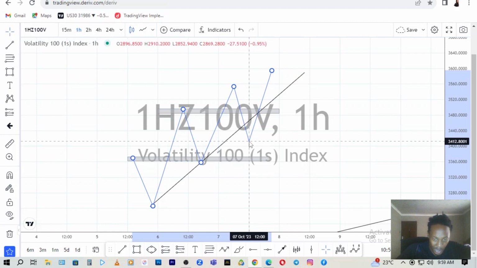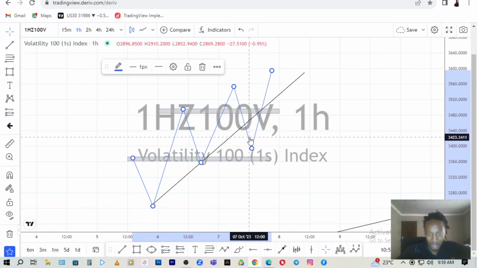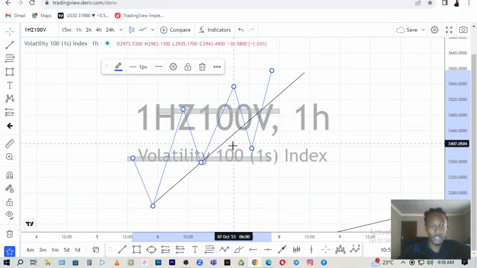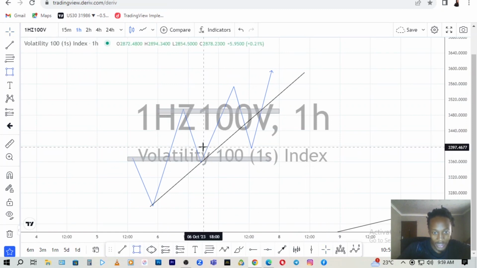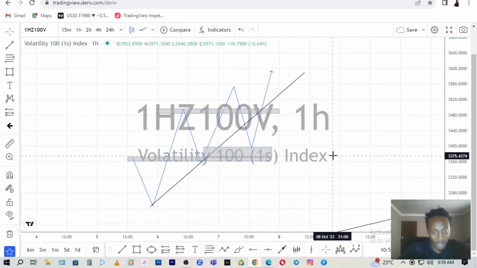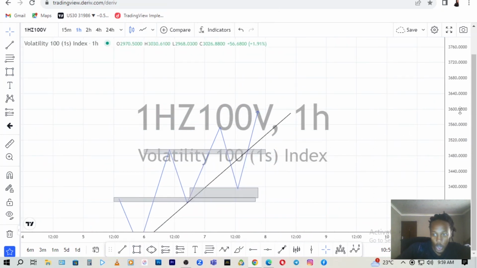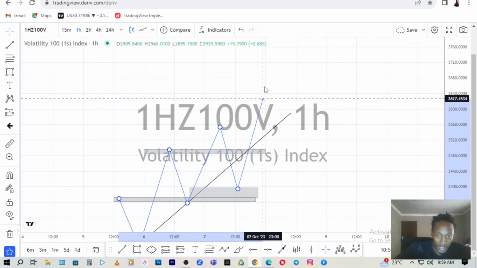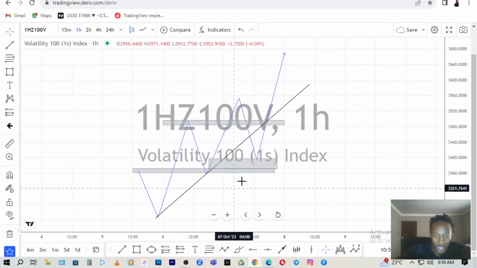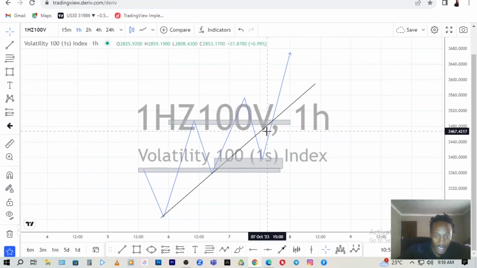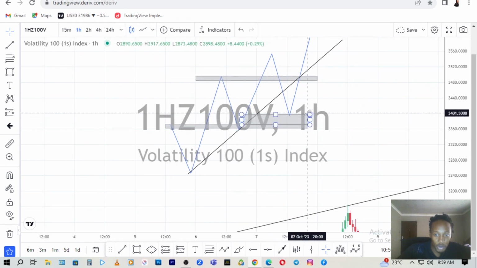That's how they came up with SMC, smart money concept, or smart money trading. So you find that the market is coming to this. There's an order block somewhere here. It's fetching orders here to create another higher high.